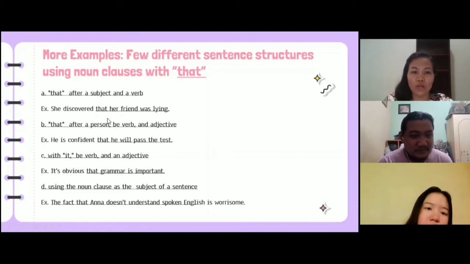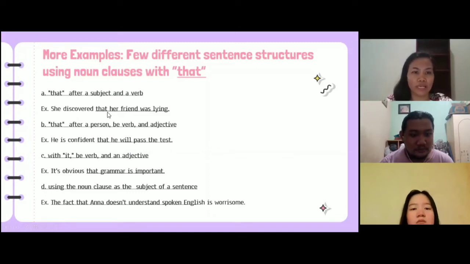So the whole clause here is acting like the object of the verb, which is that her friend was lying. So the verb is discovered, right?